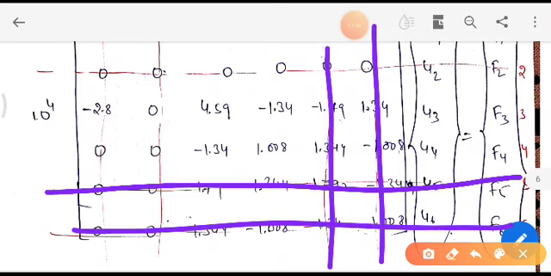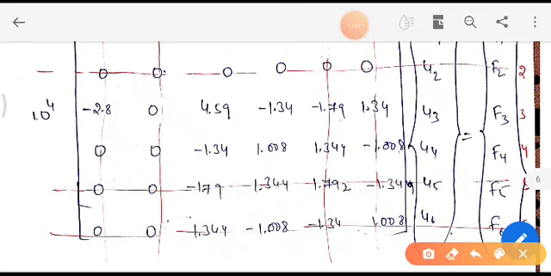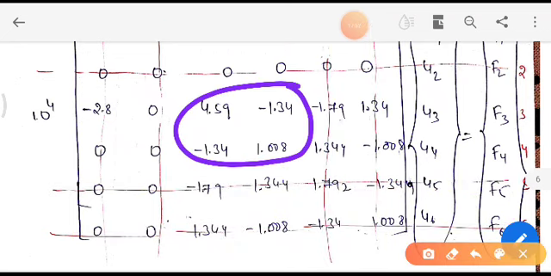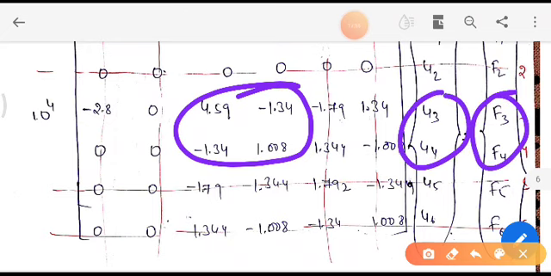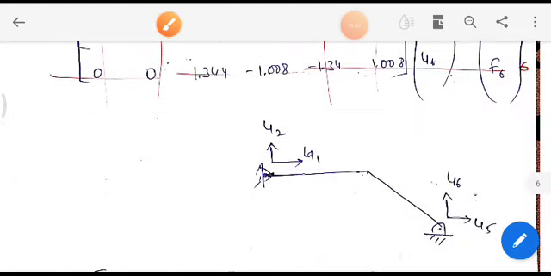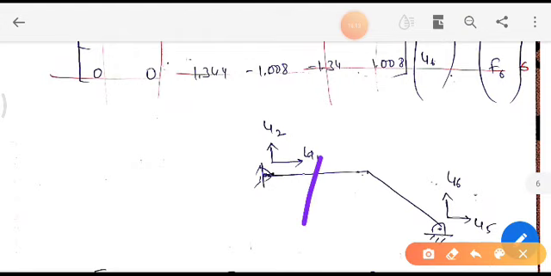If you eliminate all this, we get only these elements, and these two and these two, because the other elements are eliminated since we used the elimination approach method. The elimination approach method tells us that wherever the node is fixed, we need to eliminate the corresponding rows and columns of the global stiffness matrix. Once we do that, we get this.